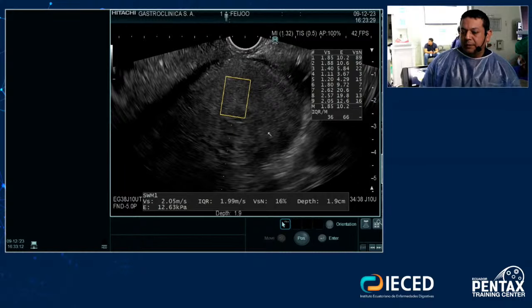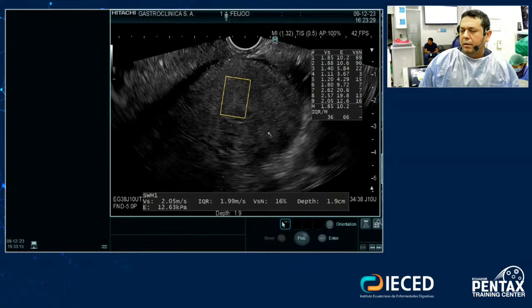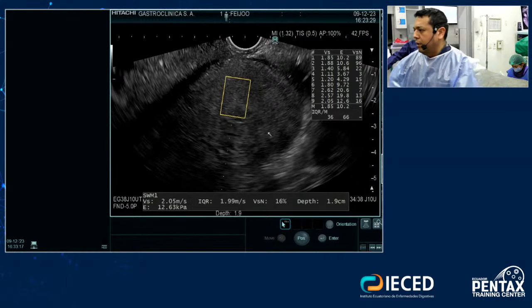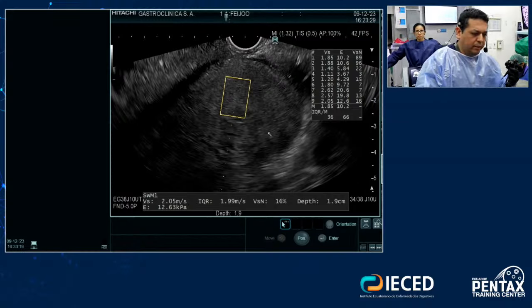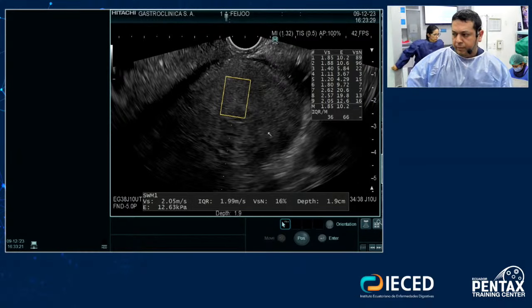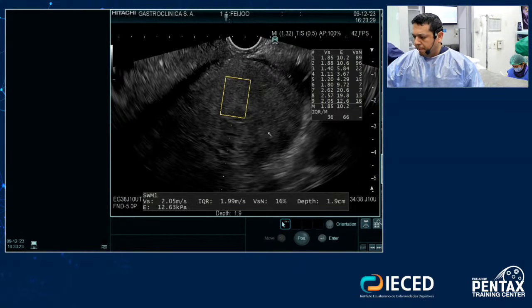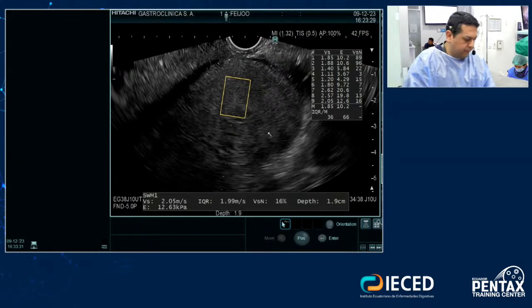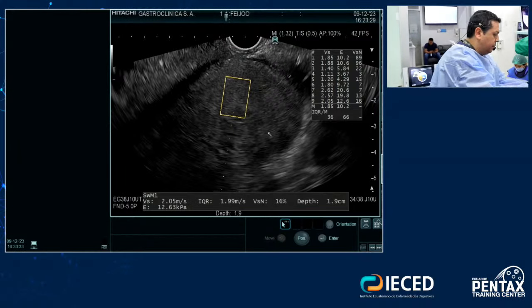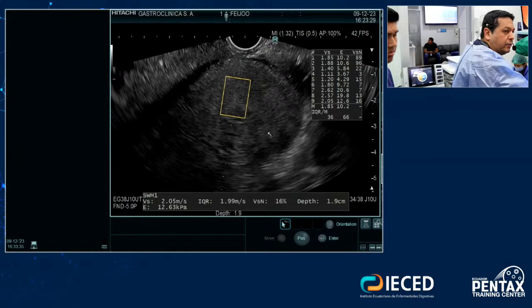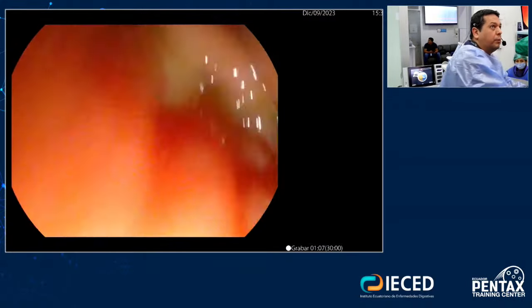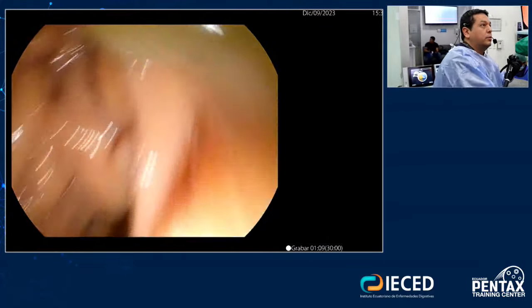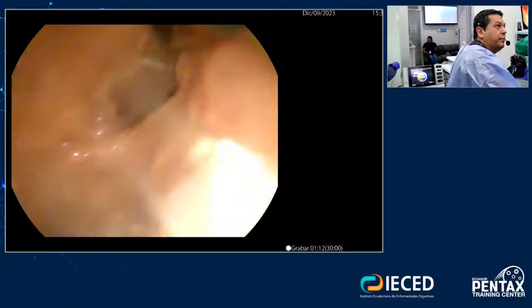So now I will try to see if I can do a standard ERCP and try to see inside. I want to see what is going on and find a solution for him. The idea now is to try to reach the biliary tract. I will pass a cholangioscope. I want to see inside if possible, and if it is not possible, I will try to perform a drainage by US.